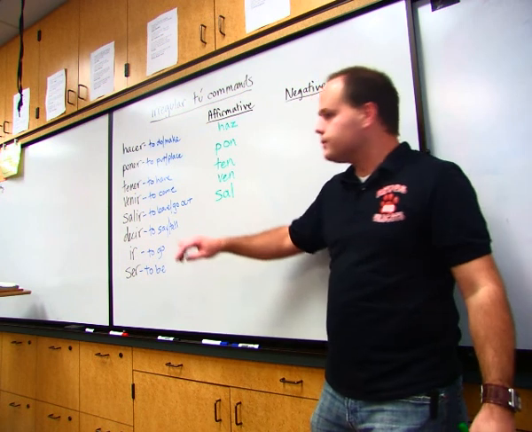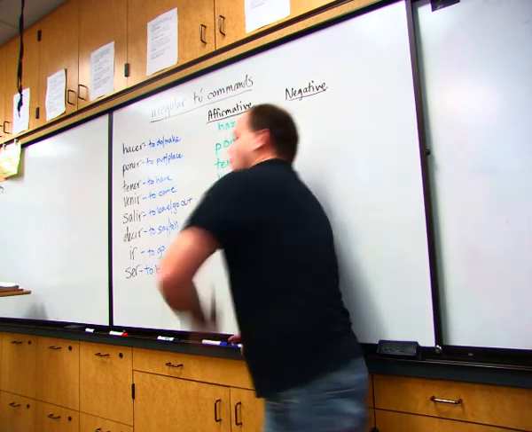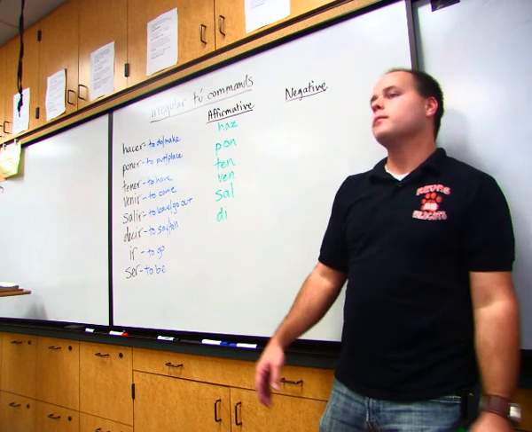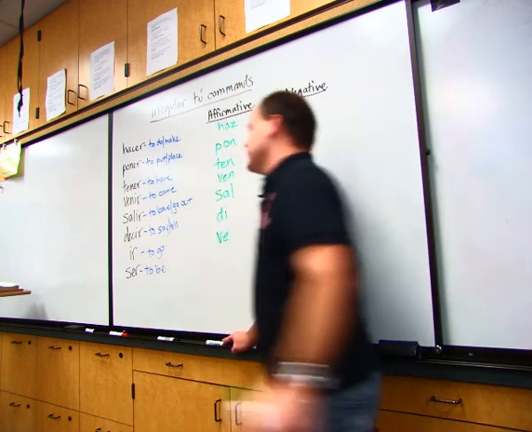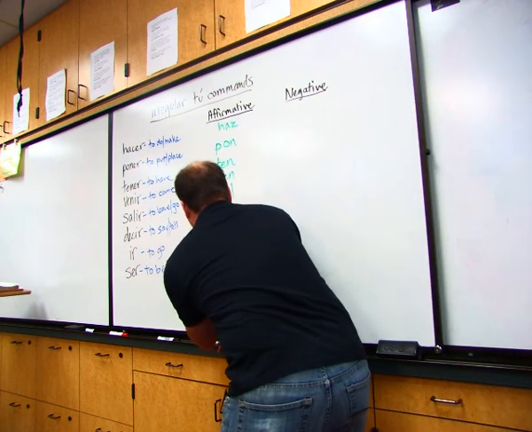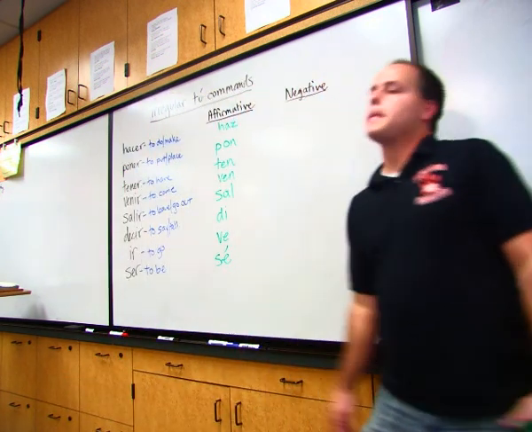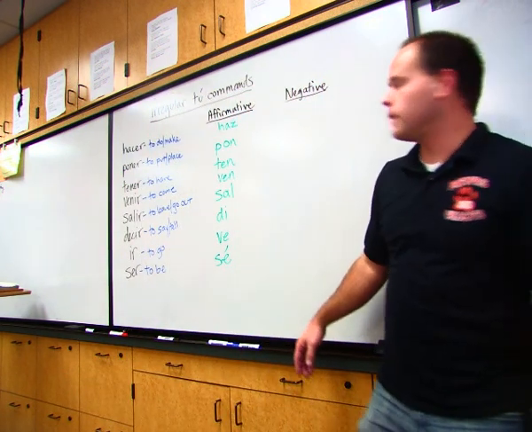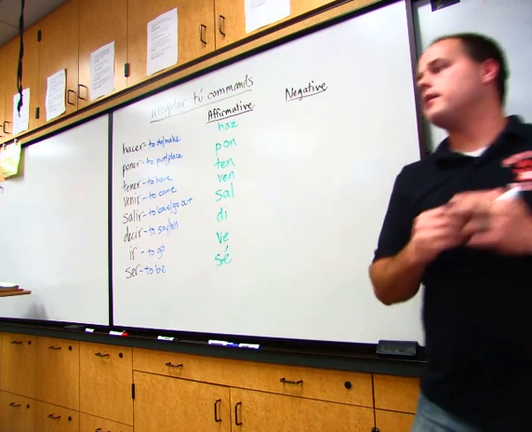Salir is sal. Okay, sal de aquí. Get out of here. Decir is di. Like dime. Tell me. Ir is ve. Ve, go. And ser is sé, which means be. Okay. Now, do you see some similarities between these?